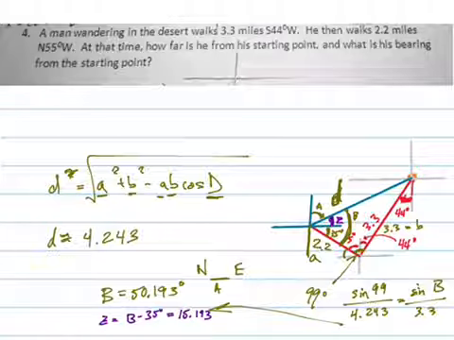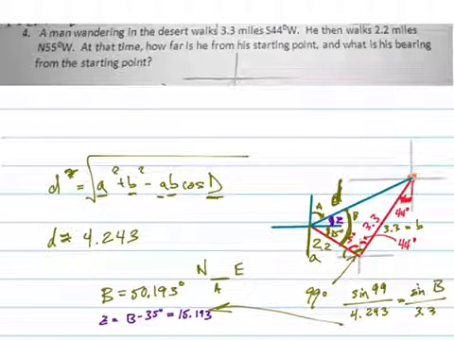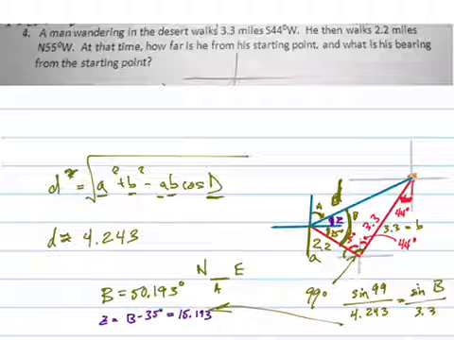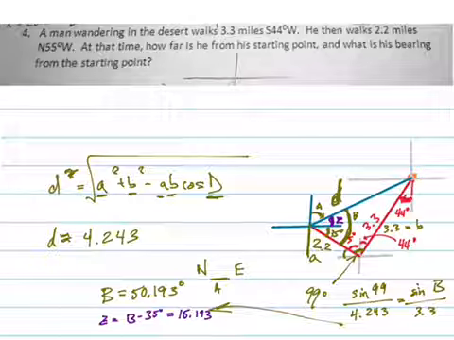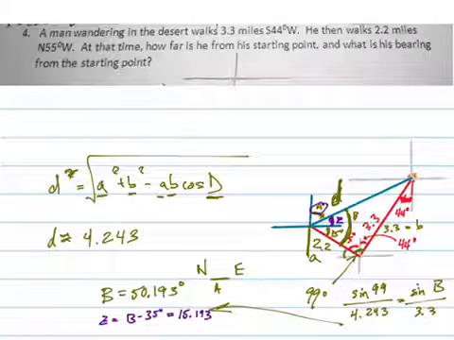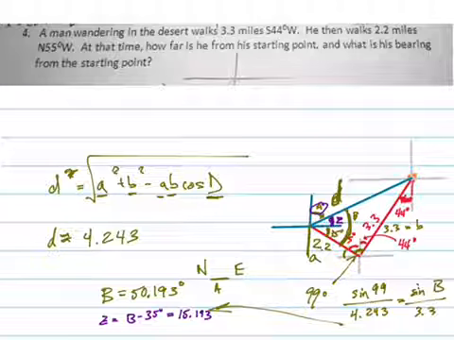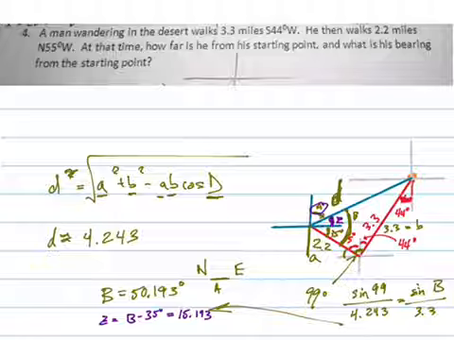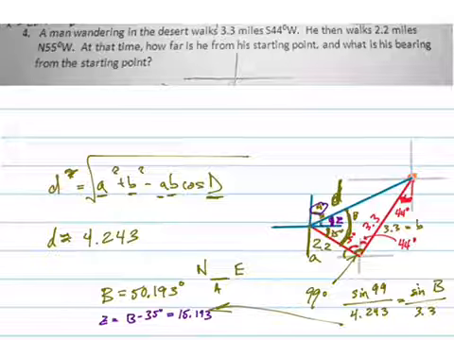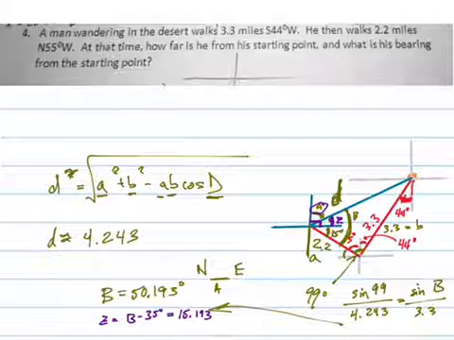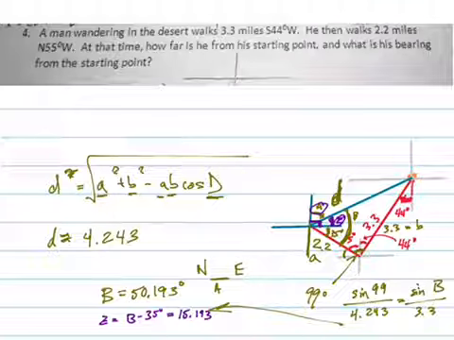So that's that angle, 15.193. Now I want A, which is the complement of that number, because that is a 90-degree angle right there.